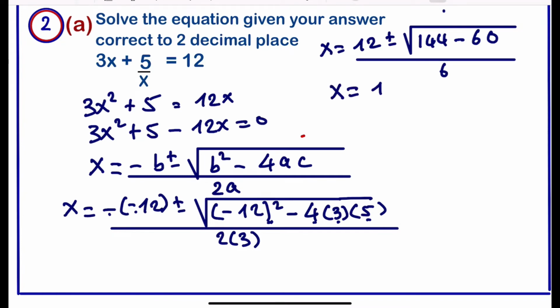We're going to have 12 plus the square root. So 144 minus 60 will give us 84. We have 84. So this is plus and minus, divided by 6.